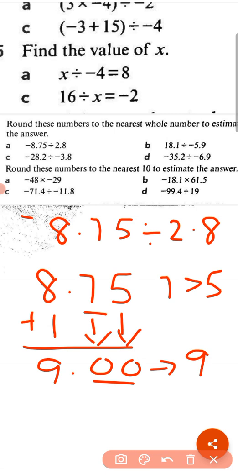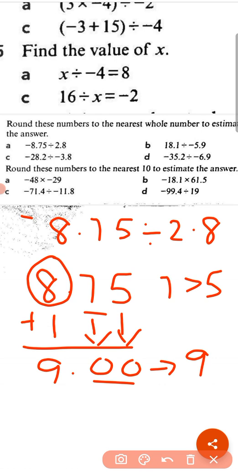If the 10th place is 5 or more than 5, that means 5, 6, 7, 8 or 9, then add 1 to the digit in the ones place. So 8 plus 1 is 9. Now replace the 10th place and 100th place by zeros.